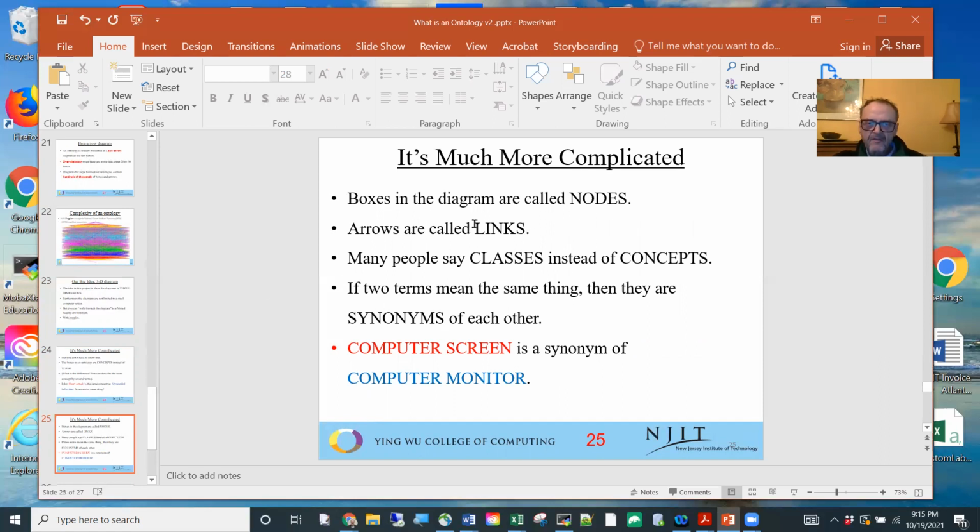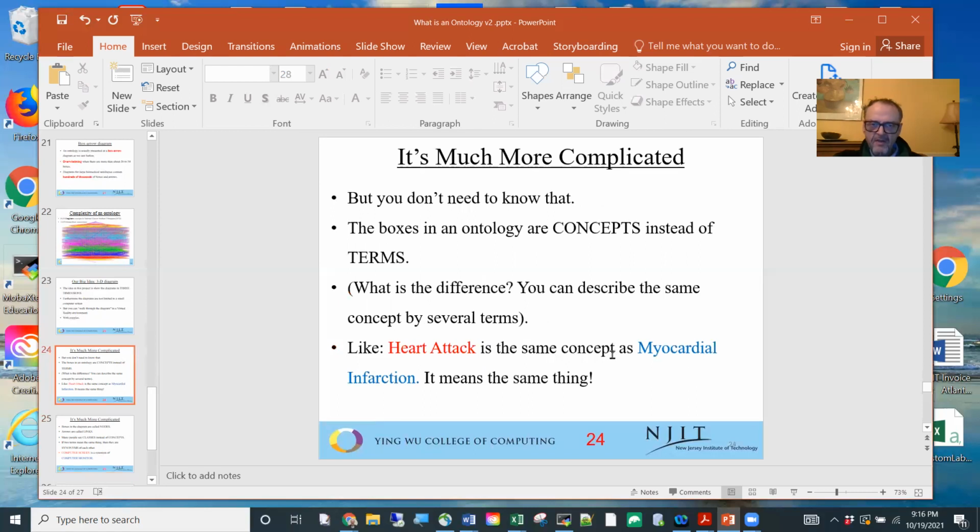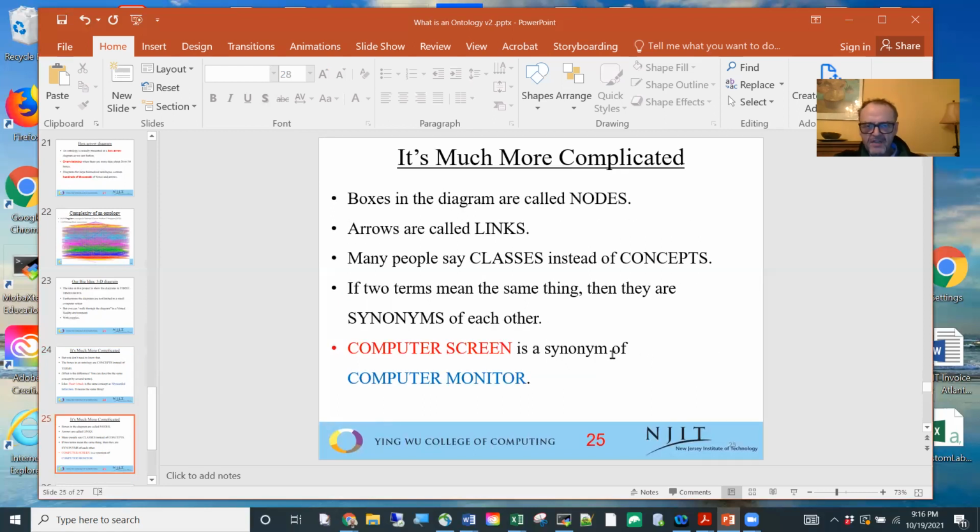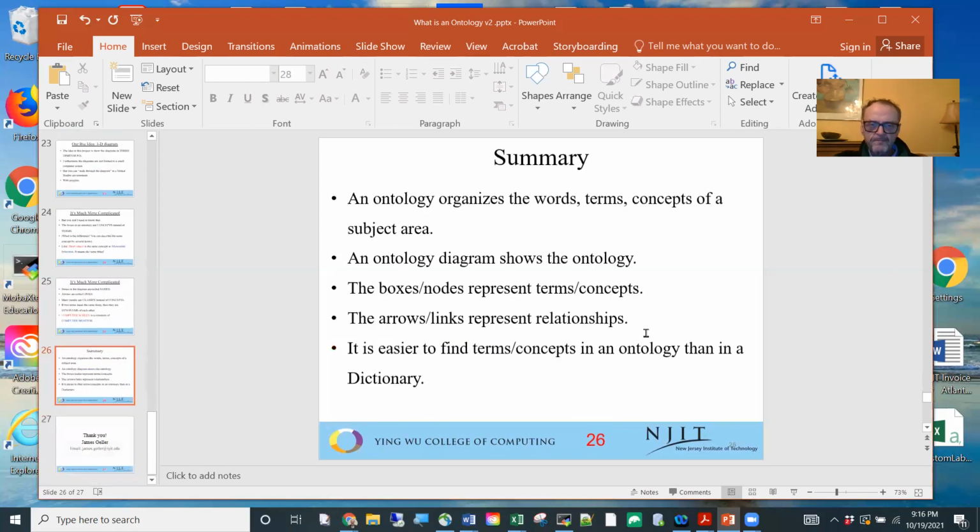That term, the links, I've already used in the last 15 minutes. Many people prefer to use the word classes instead of concepts. Not going to explain this any further. And when two terms mean the same thing, like heart attack and myocardial infarction, then they're synonyms of each other. So to briefly get out of medicine, a computer screen is a synonym of a computer monitor.